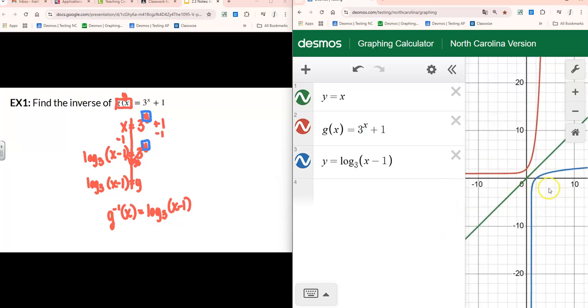Alright, so does this look symmetric about that line y equals x? Could we fold that in half? Looks good, so that lets you know that you've probably done it right.